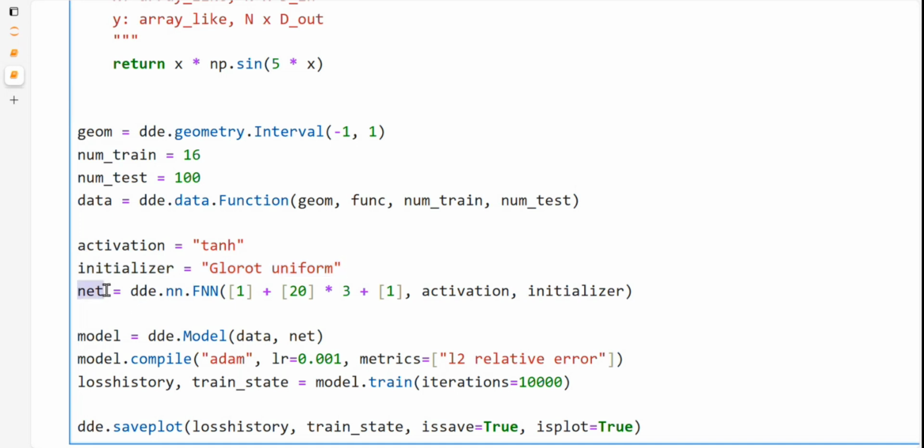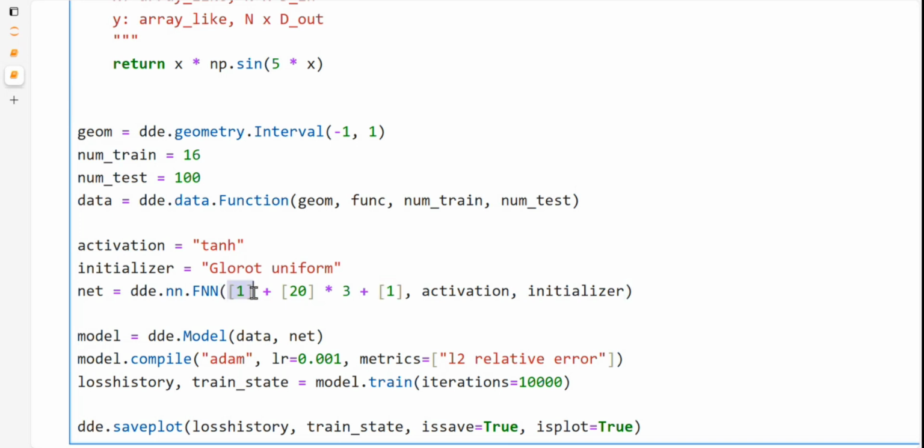At the end, we have the network over here. dde is the DeepXDE library. For the neural network, we are now defining the input, output and the hidden layers. It is a feed forward neural network which has an architecture of one input, 20 cross 3, which means we have 3 hidden layers and each hidden layer contains 20 neurons, and one output.